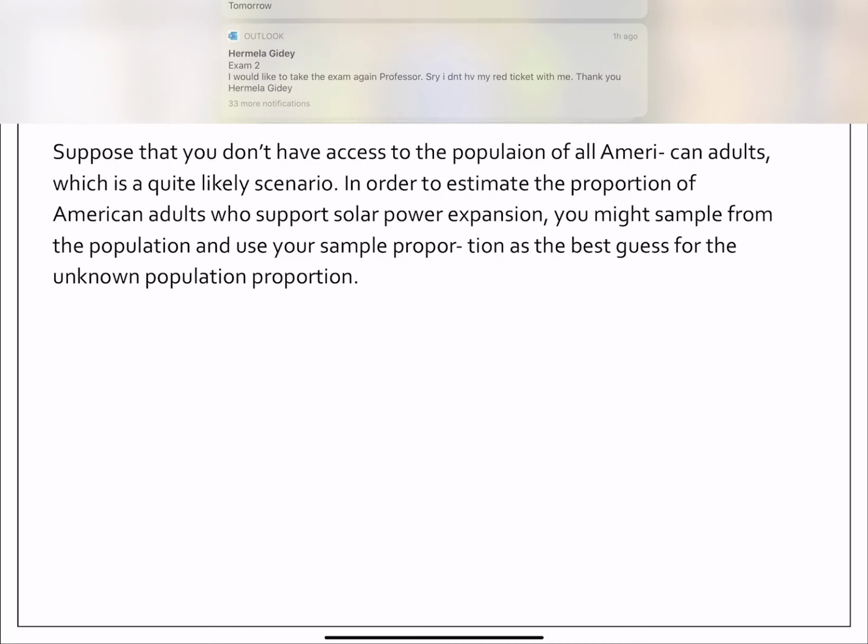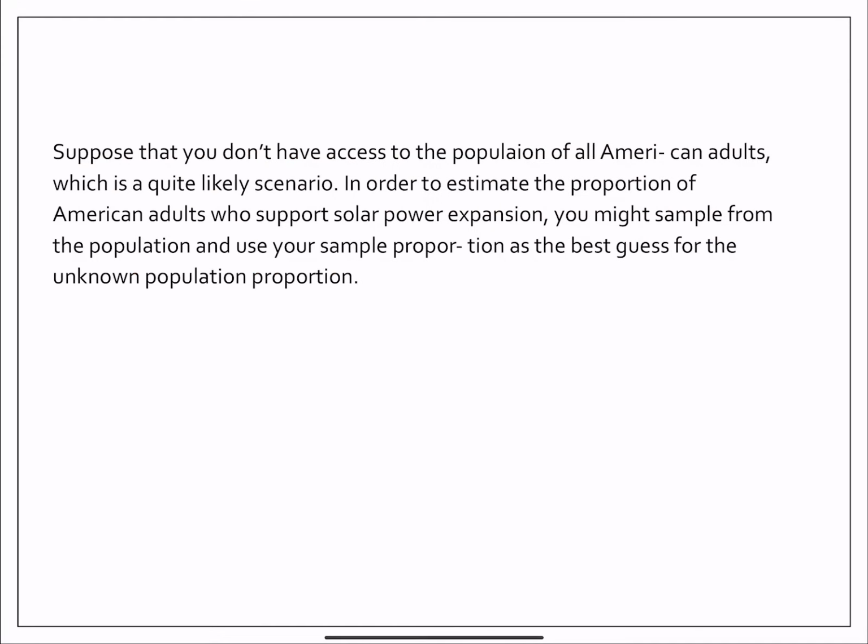Well, we're going to do just like our bowl of soup, where we sample from the population, right? And then we use our sample proportion as a point estimate. Again, here's that word coming back up, as a point estimate, to guess the unknown population proportion.